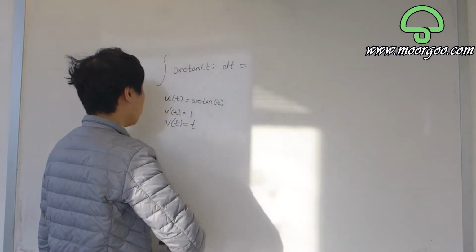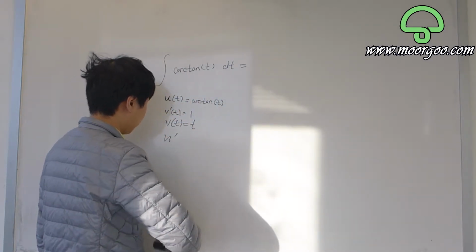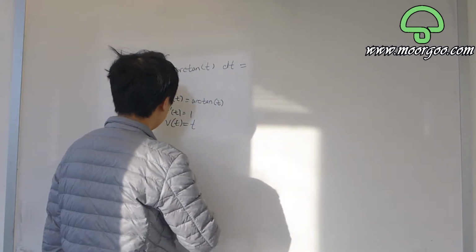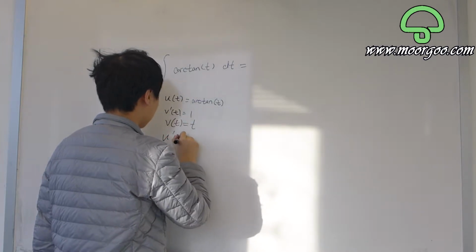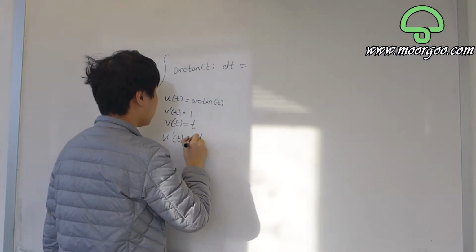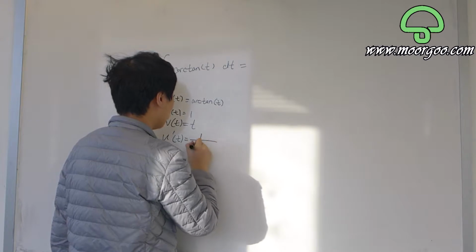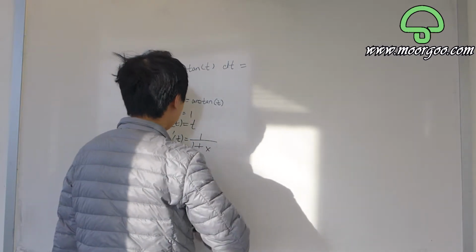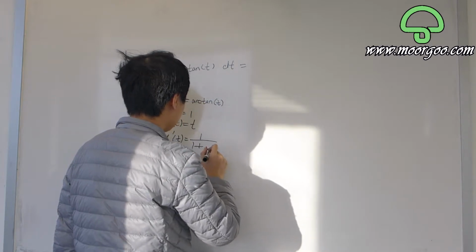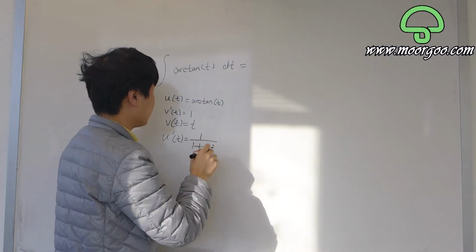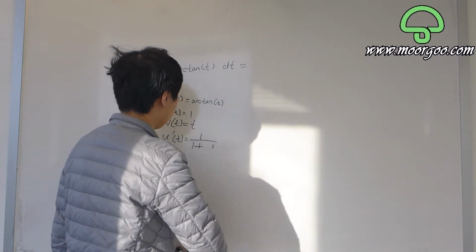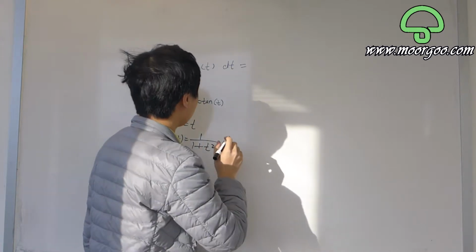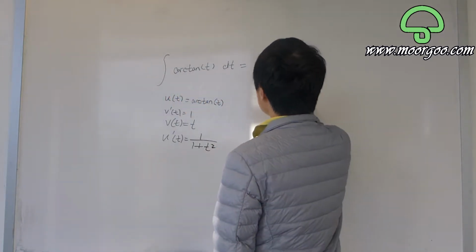By the way, what is u prime of t? You should have known this from differentiation. The derivative of arctangent is 1 over 1 plus t squared. Okay, let's begin.